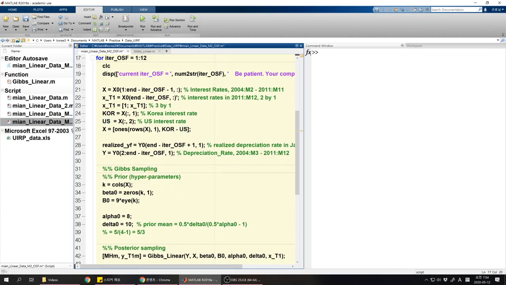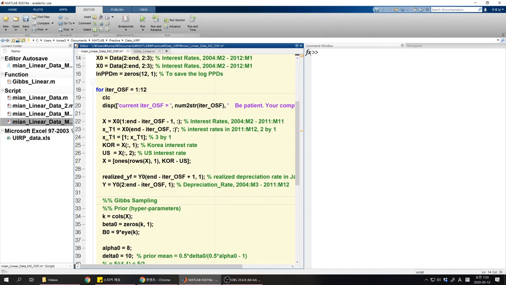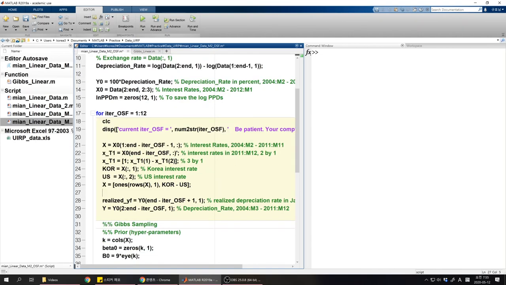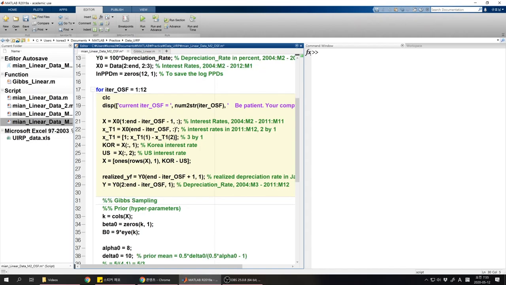And then anything else here? This should be 1 minus x bar cap t 2, right? And then anything else? No, I don't think so, right? Okay, let me run this.